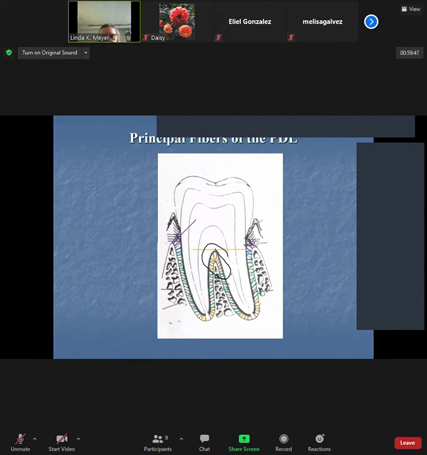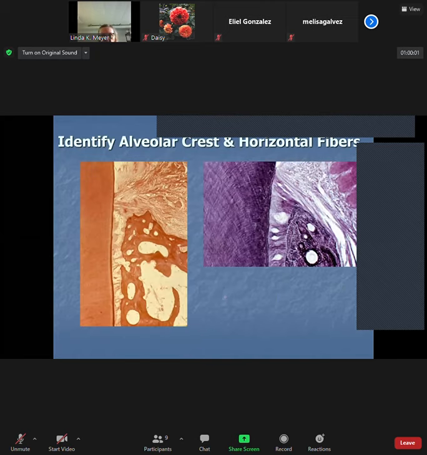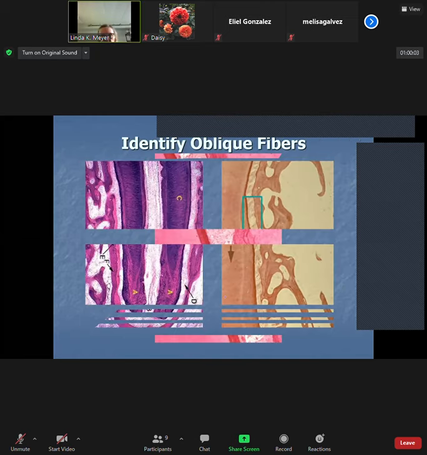But let's look at these groups individually and see what kind of forces they resist, on page 3 of the outline. We're going to look at these fibers in lab tomorrow.